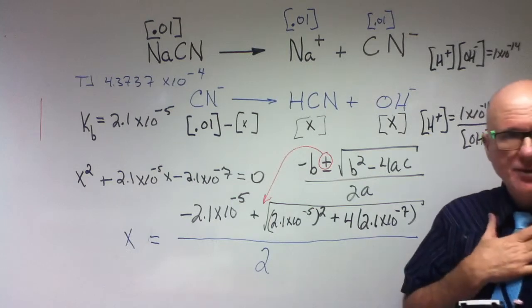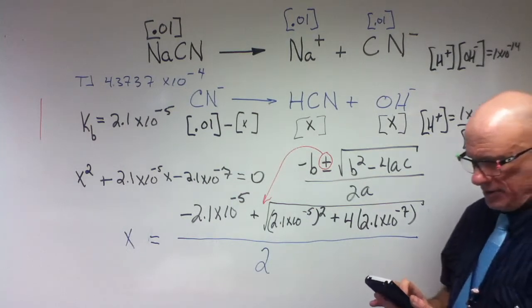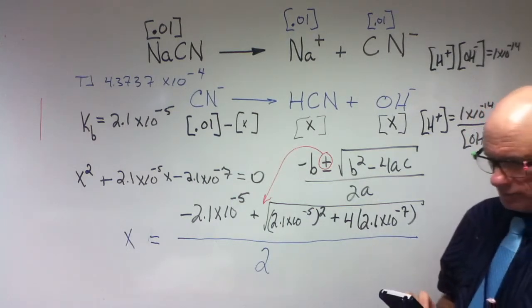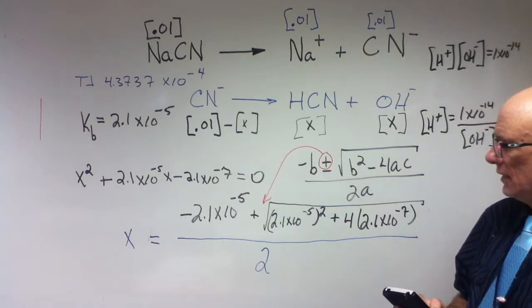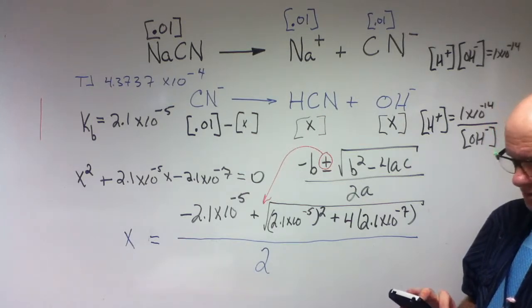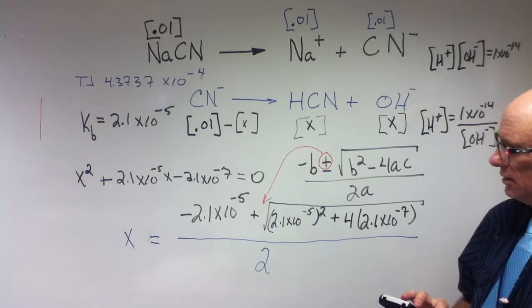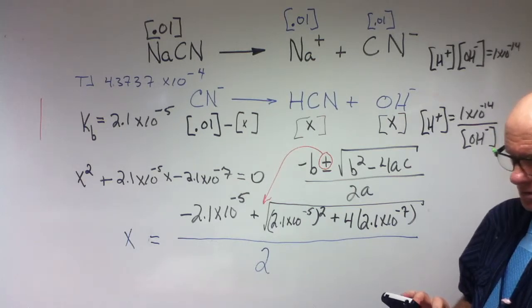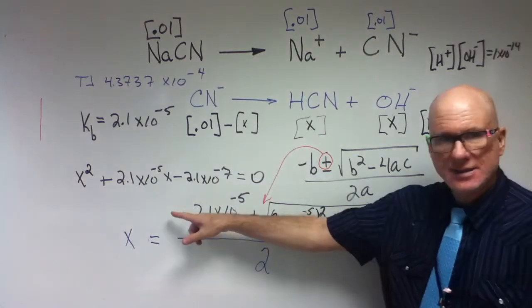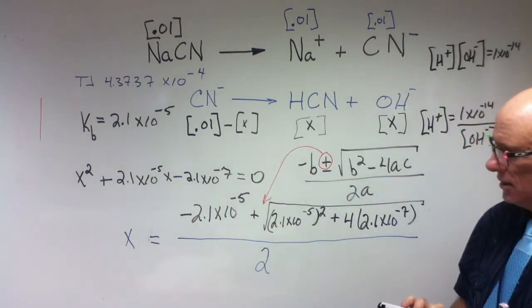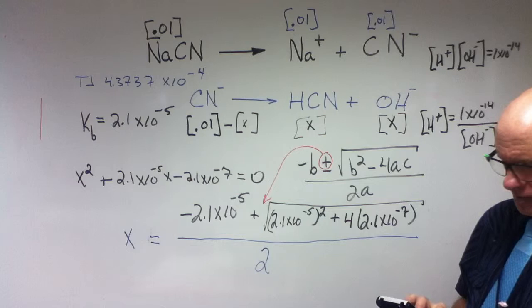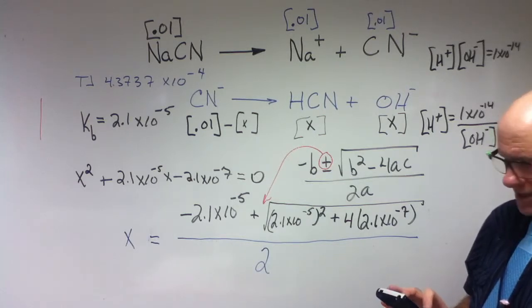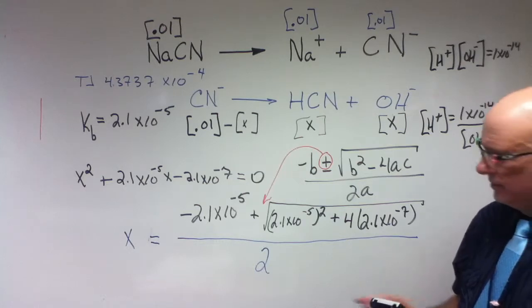All right, so this is the way I would do it. I would say parentheses out here, right? Negative 2.1 times 10 to the negative 5th, right?